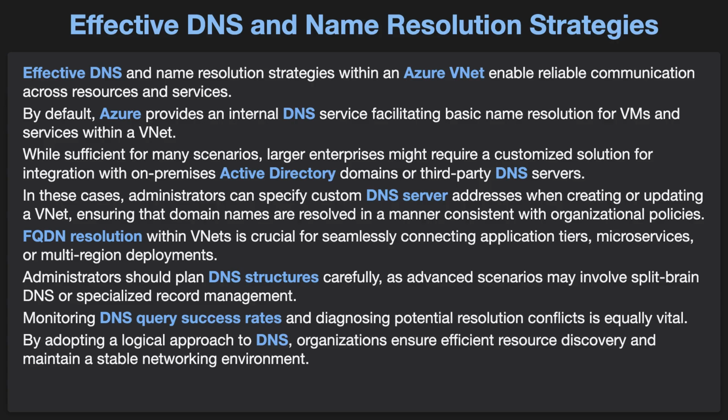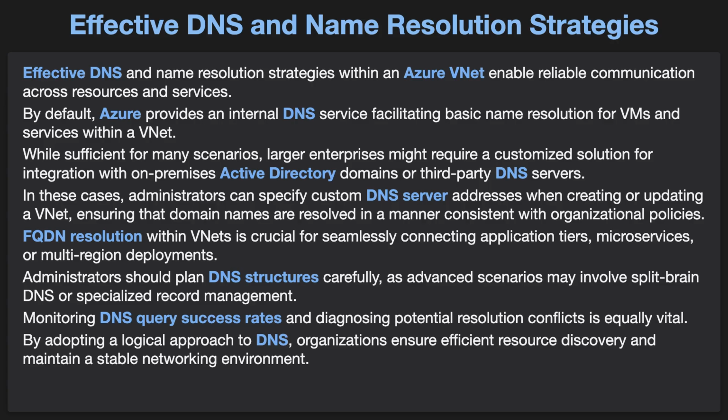In these cases, administrators can specify custom DNS server addresses when creating or updating a VNet, ensuring that domain names are resolved in a manner consistent with organizational policies. FQDN resolution within VNets is crucial for seamlessly connecting application tiers, microservices, or multi-region deployments.